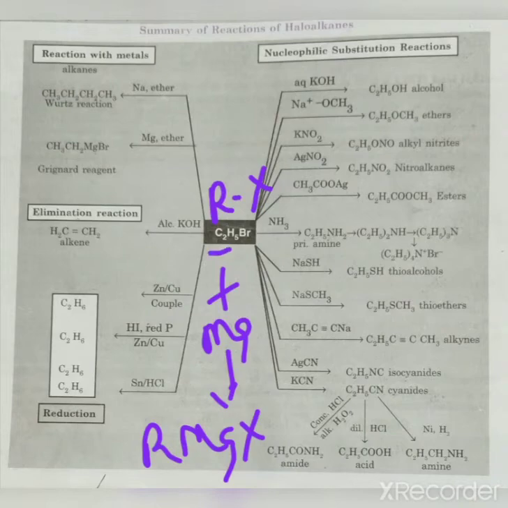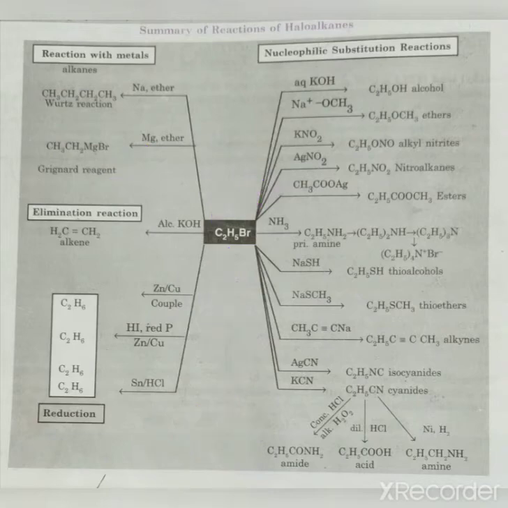C2H5 is the R. So when you compare, the product is C2H5Mg and X is Br here. So that is C2H5MgBr. And the name given to this type of compound is an organometallic compound, the Grignard reagent. Thus we have summarized the reaction with metals also.